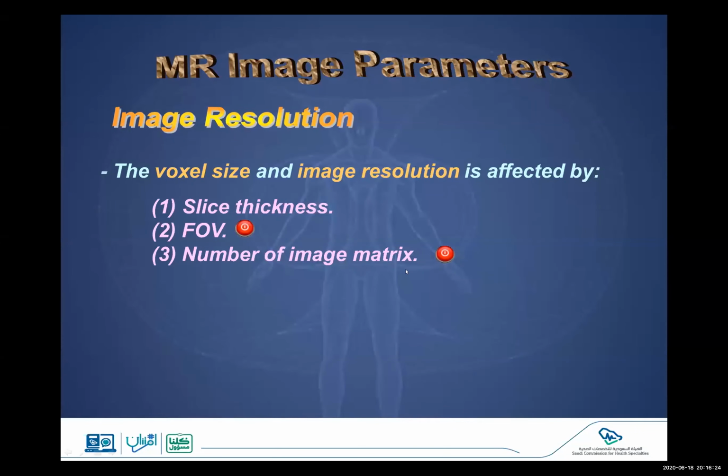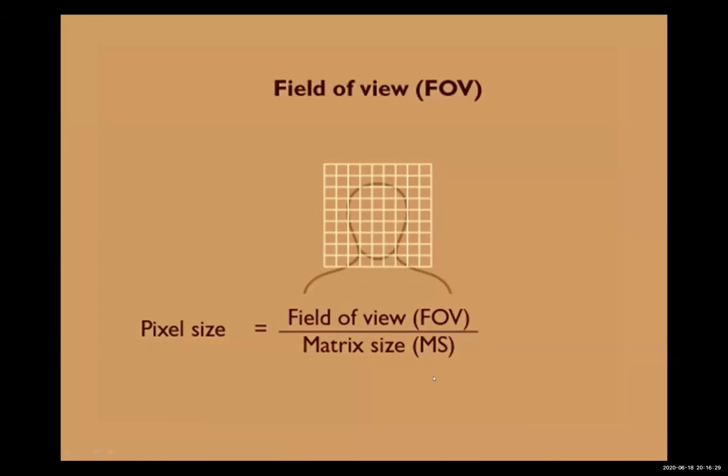Number of image matrix again plays a very important part in the resolution. As I said, we can calculate pixel size by dividing the field of view, which is the distance between the edges of your MRI image, by the matrix size. Matrix size means the number of pixels in your image.